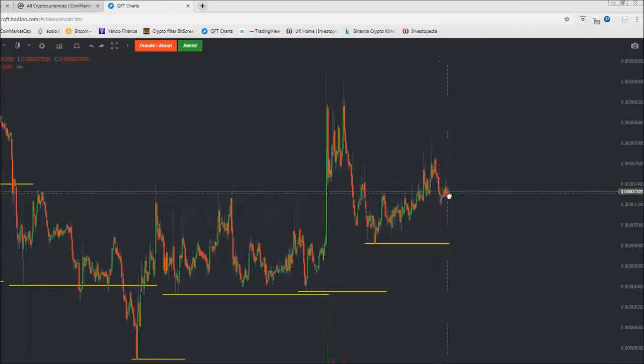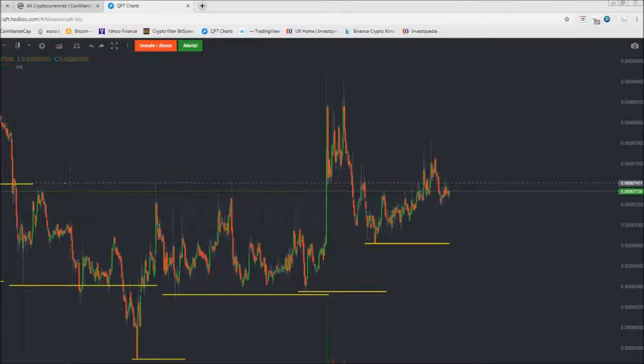And when it does move, I'll look at all of the indicators and say, right, I think this price is going to increase, or this price is going to decrease. Now that's all well and good, but I need to know how much it's going to increase or decrease by. I need to know what level it's going to drop down to, or what level it may increase to. So to do that, I need to look back through previous history.